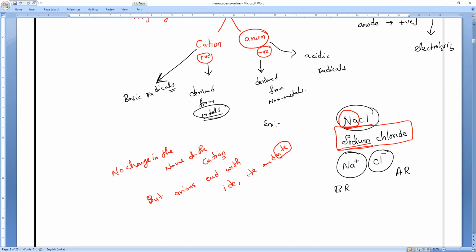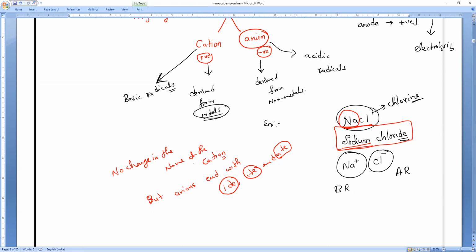Now verify it. Actually, this is chlorine. Is it sodium chlorine or sodium chloride? Sodium chloride. Basically this is chlorine, but instead of ine, it becomes ide. Do you all understand? Yes, sir. So that is the only change.